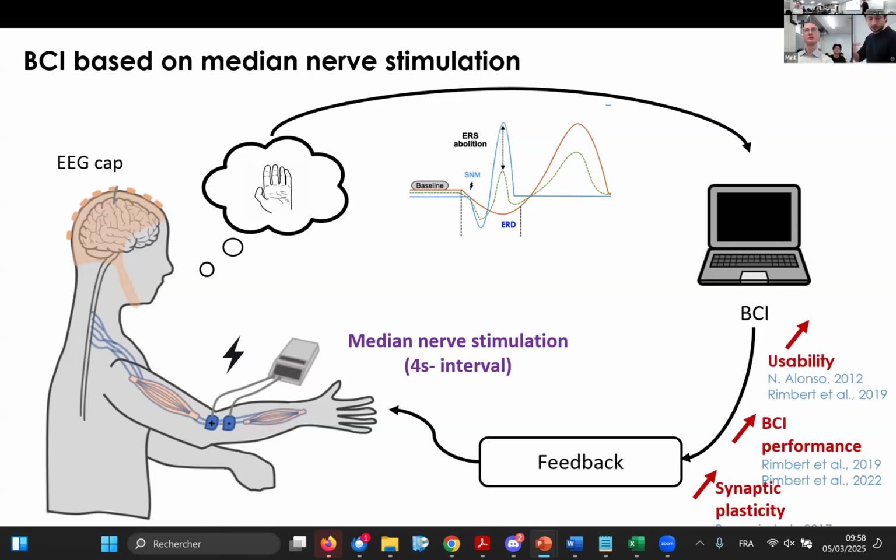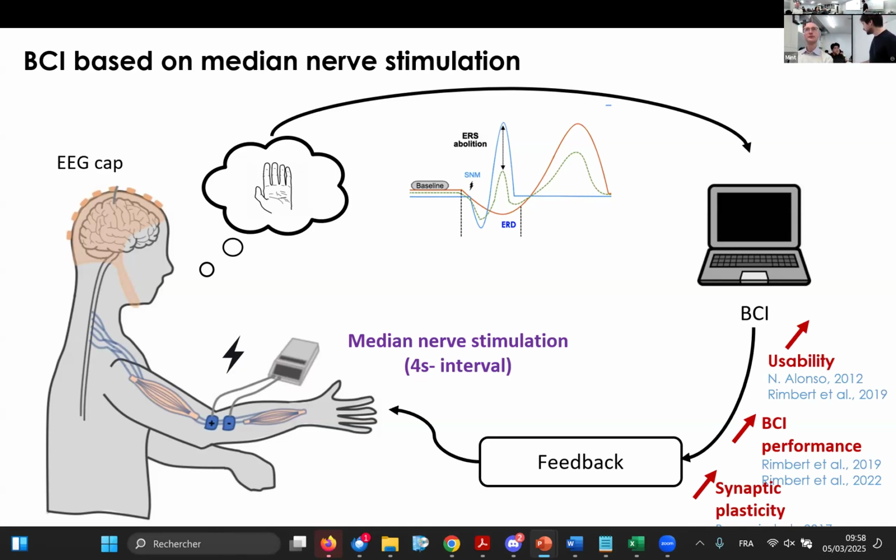And we believe that this new BCI could be very useful for 3 different reasons. First, the usability, because with this kind of BCI, the subject will perform the task when they want to, and not when the BCI asks them to. Second, we already showed that with this kind of BCI we have an improvement in accuracy, on average 21%.